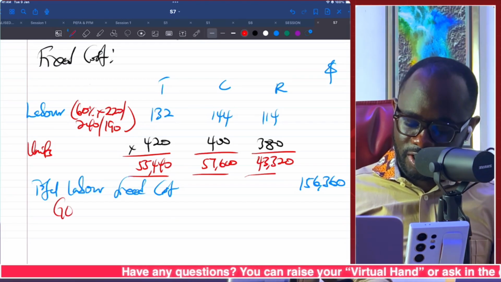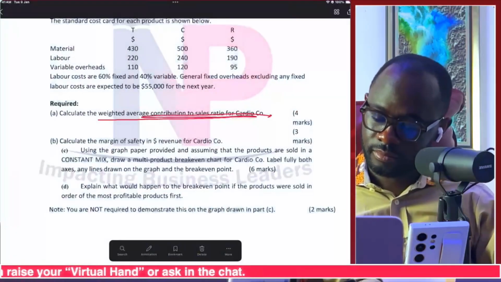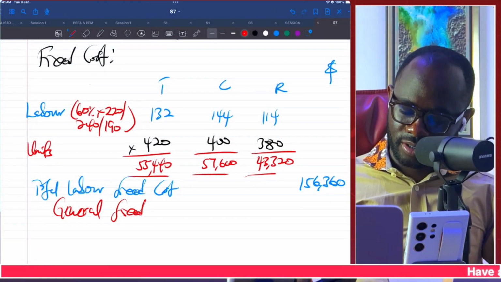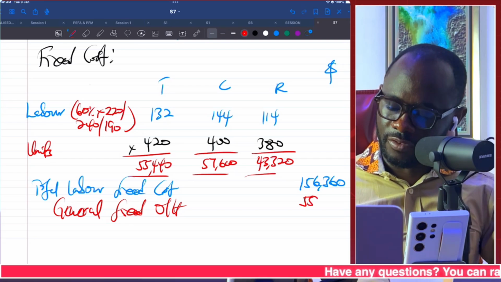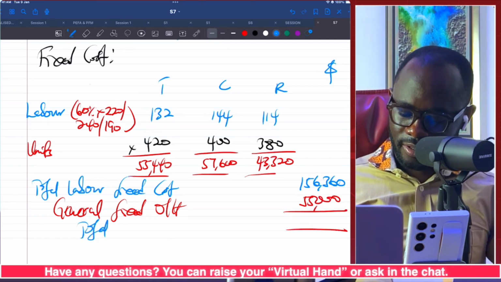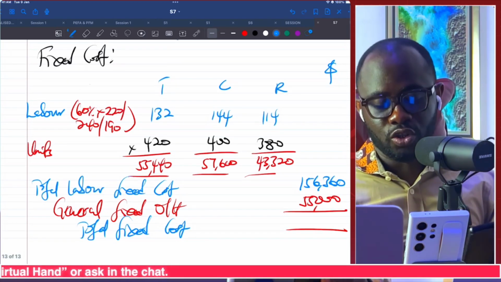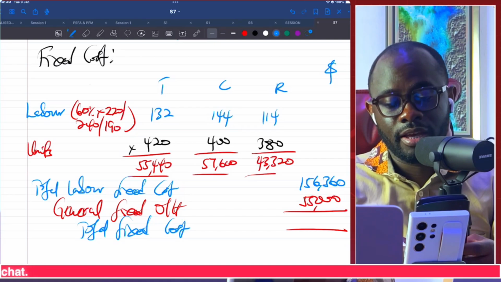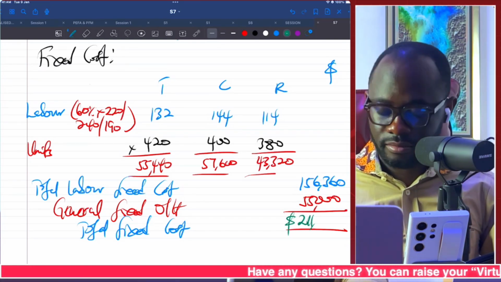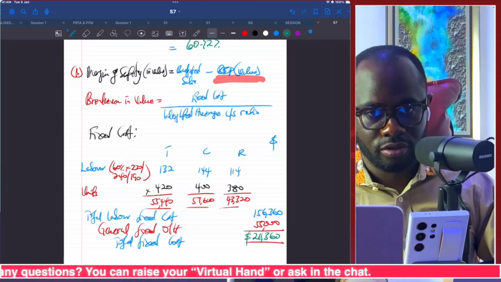Then we can add the general fixed overheads, which was given in the question to be 55,000, and that will give us the total fixed cost. That is 211,360. So that is our total fixed cost.